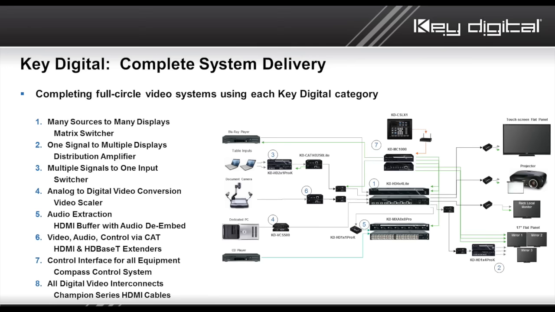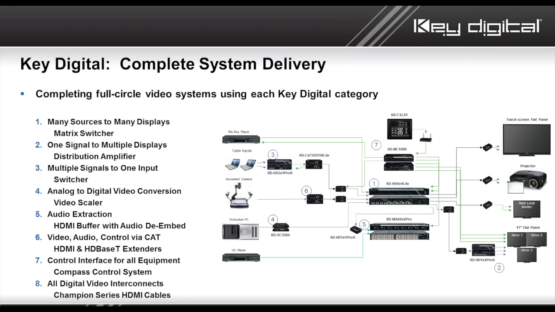Or in the bottom right, where we have a single feed coming into a distribution amplifier, your client might tell you, I have multiple displays and they all need to show the same thing at the same time. You could do that by adding a larger matrix switcher, or you could use, of course, a distribution amplifier.